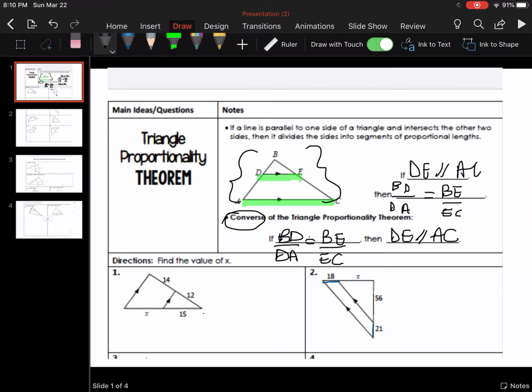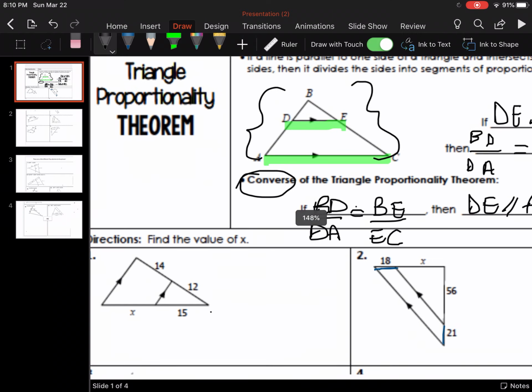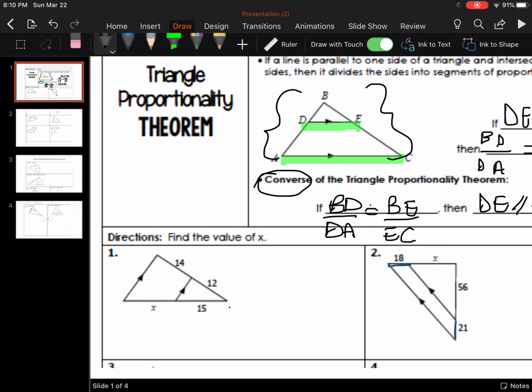All right, so let's start doing some work with this. All right, so in this problem, it asks us to find the value of x, and it tells us that these two lines are parallel. So that in fact is the side splitter theorem. So again, if this piece is parallel to that piece, the sides of the triangle were split in proportion.